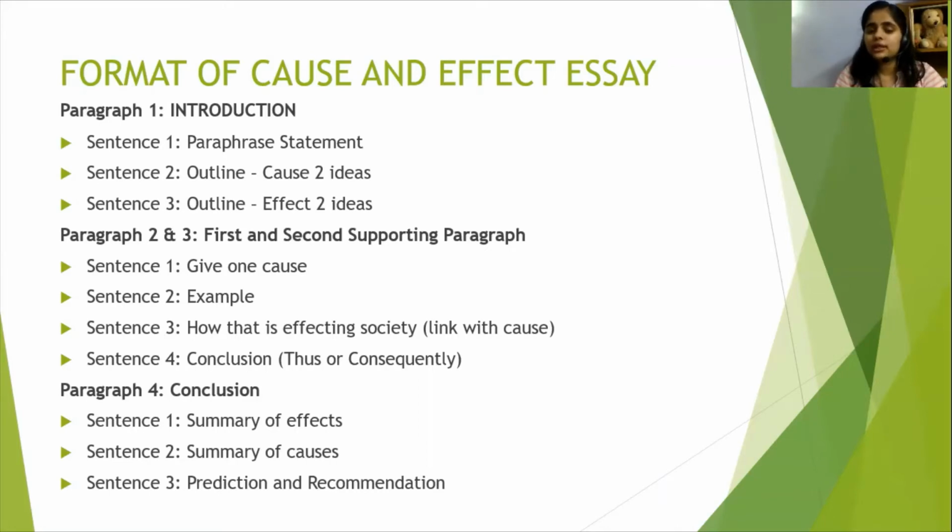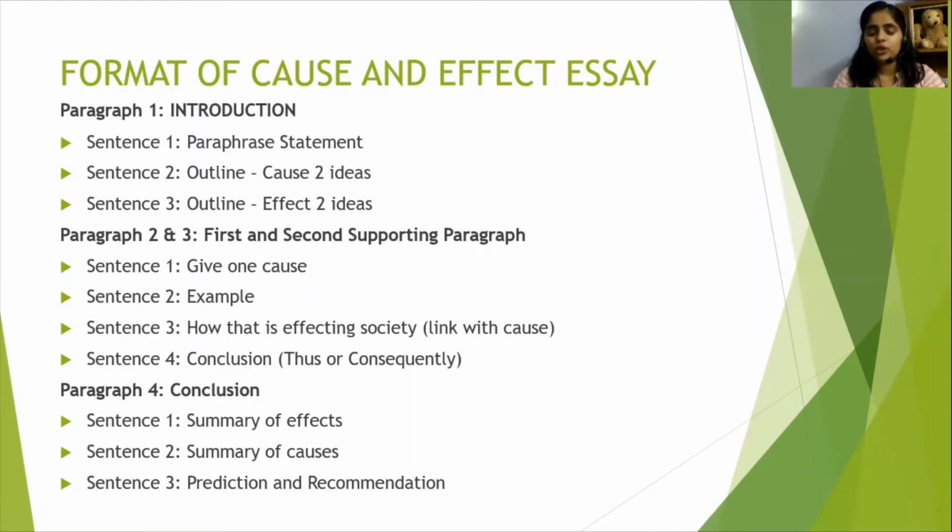Then in the third sentence give an effect, that is, how the cause you have written will be affecting society or common people. At the end, give a conclusion stating how this cause and effect is harming the situation or making the situation even worse.